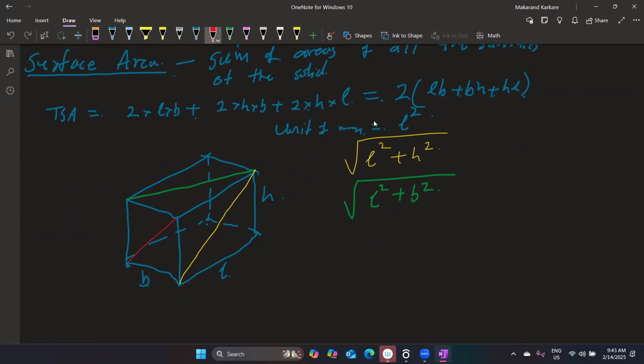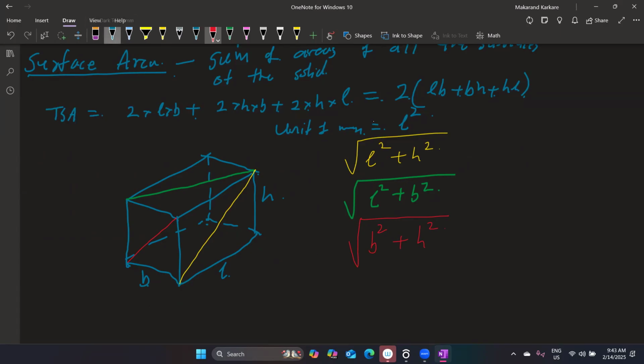What about the red one? This is B and this is H. Root of B square plus H square. Okay, now let me draw one different diagonal altogether.